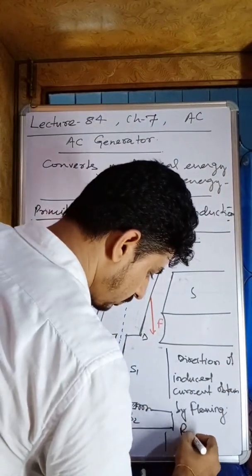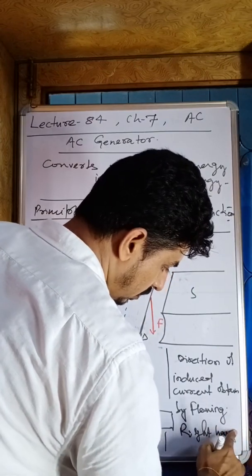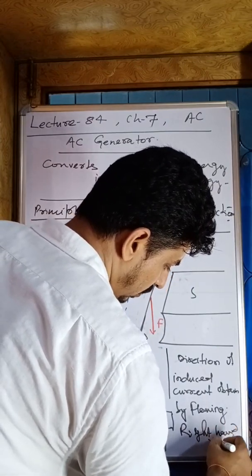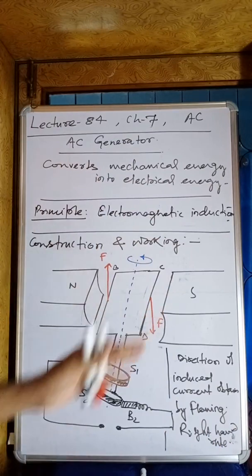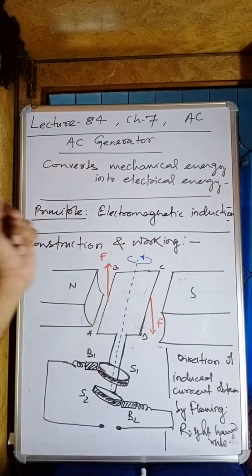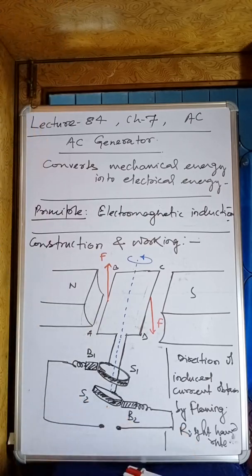Remember, right hand rule that I will apply right now to find out the direction. Look at it carefully, my dear students. This is the coil. Let me find a copy. Yes, look at here.